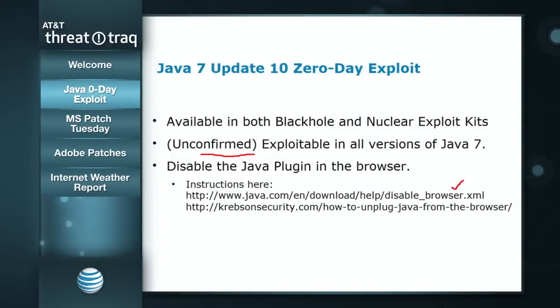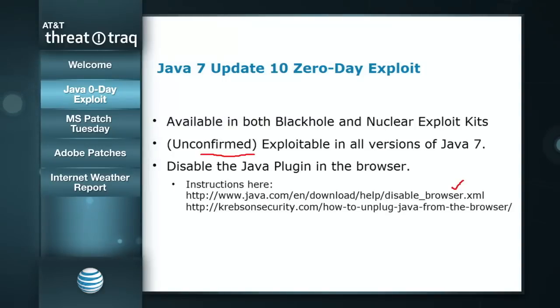Some of the vendors are saying that if you are running Java 7 Update 10, you might want to just disable the Java plugin in your browser so that it can't be launched and triggered from a web page that you're viewing. I linked some instructions here on how you might do that. The Java instructions from Oracle are probably the best place to go.